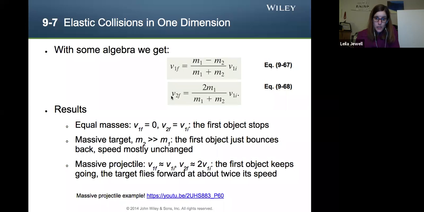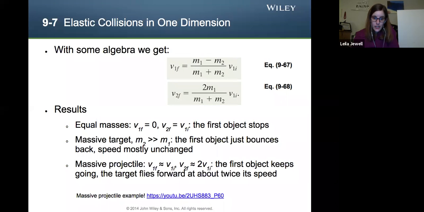So v2f is just going to be basically 0. For the final velocity of 1, the ping pong ball for our analogy there, we have basically m2 dominating over this m1, so it ends up being negative m2 over m2 times v1i. So our final velocity of particle 1 is equal to the initial velocity with the opposite direction, the negative sign. Remember, with momentum, the direction does matter.